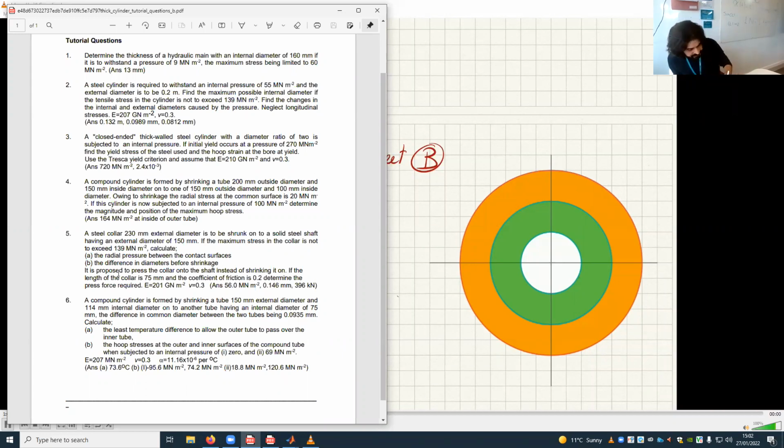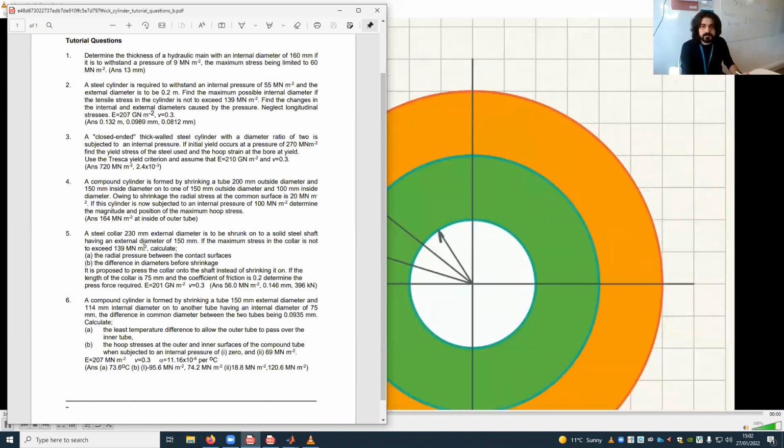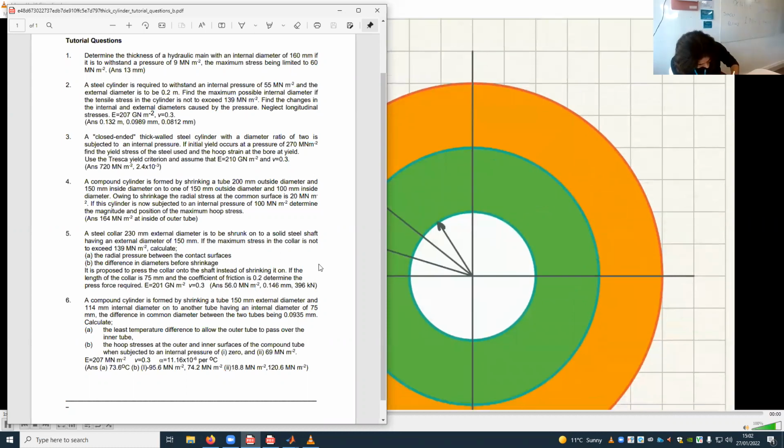We have complete geometric information as well. So let me call this one R inner, this one R contact, RC, and the outer one RE.